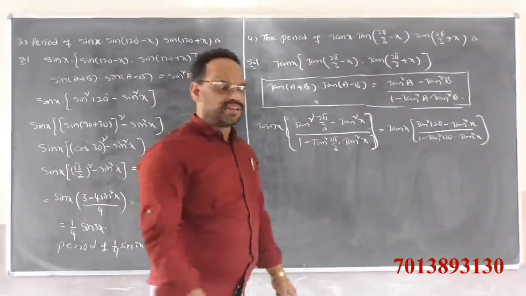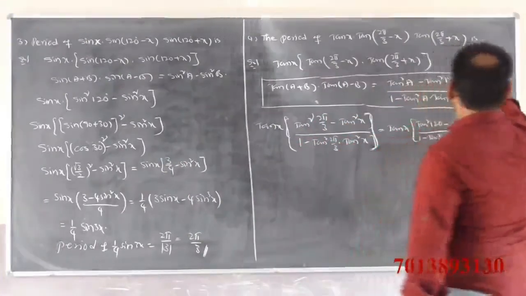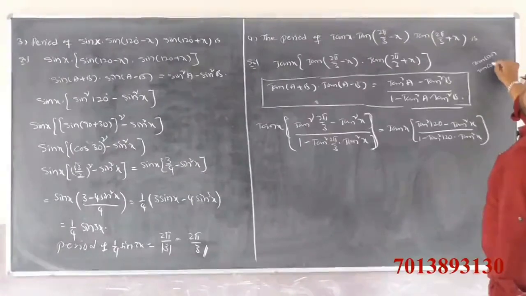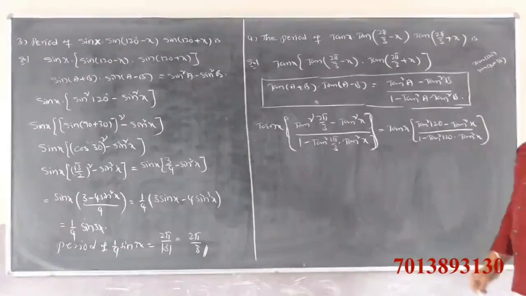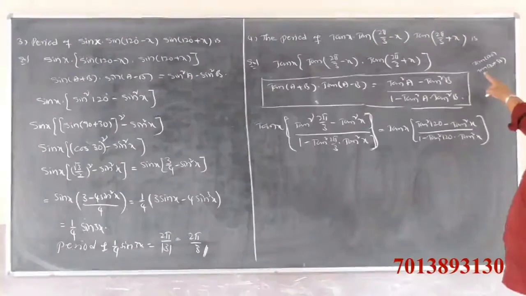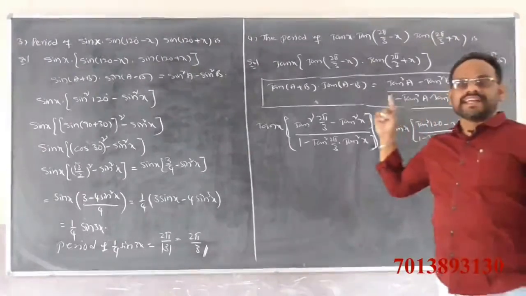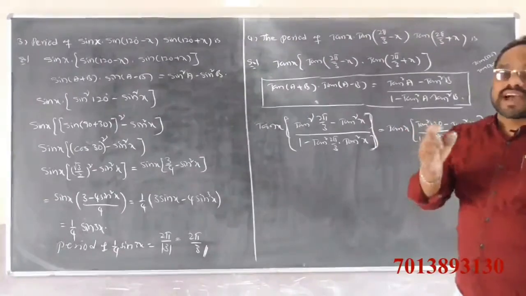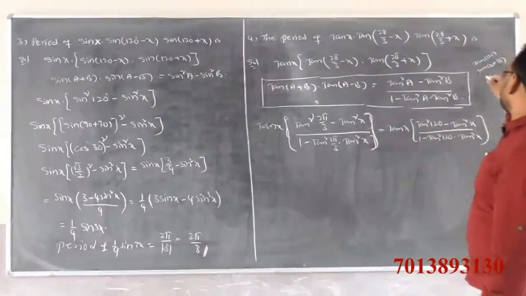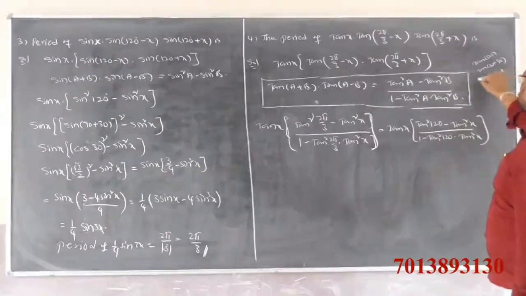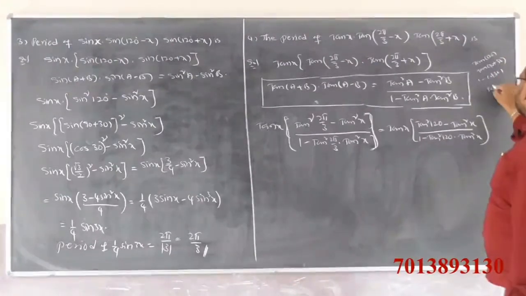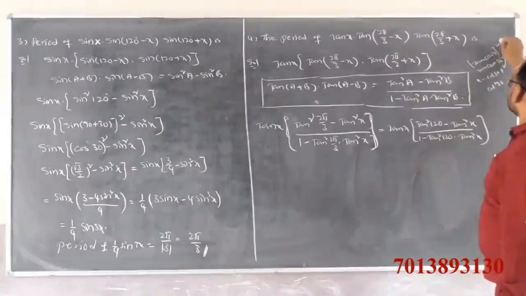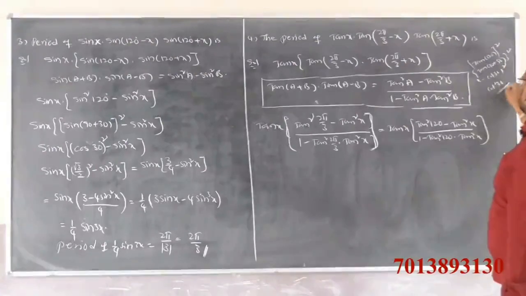So tan 120 can be written as tan 90 plus 30. Tan 90 plus theta is in the second quadrant, and in the second quadrant tan has a negative sign, so we get minus cot 30. But here square is there, so we get cot square 30.